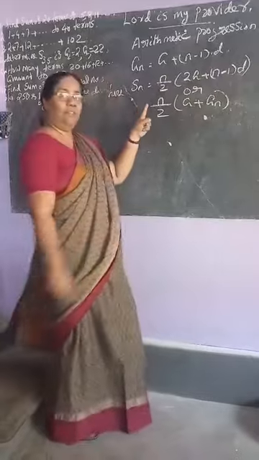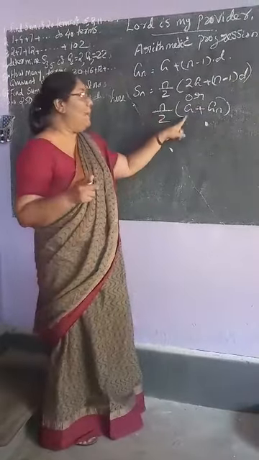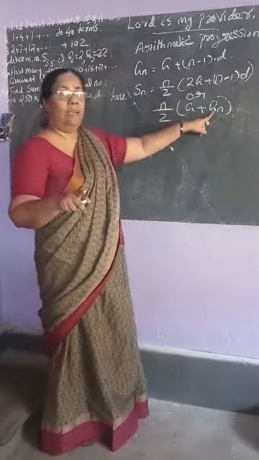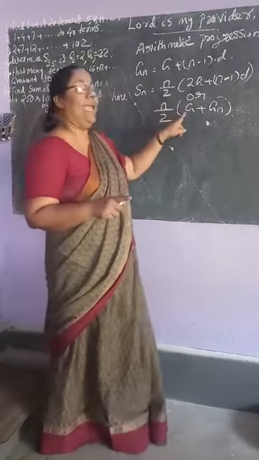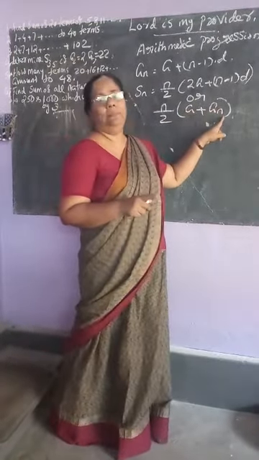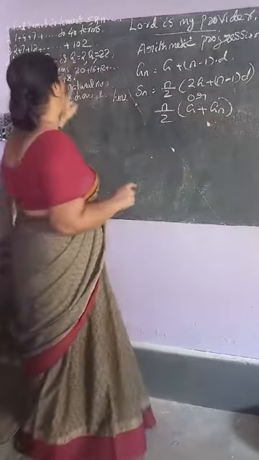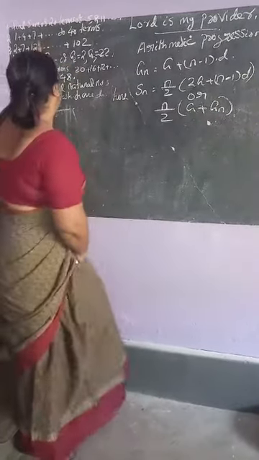Or another formula, if the first term and last term are given, we can apply this formula: n by 2 into a plus an. Now the first question, read the first question.